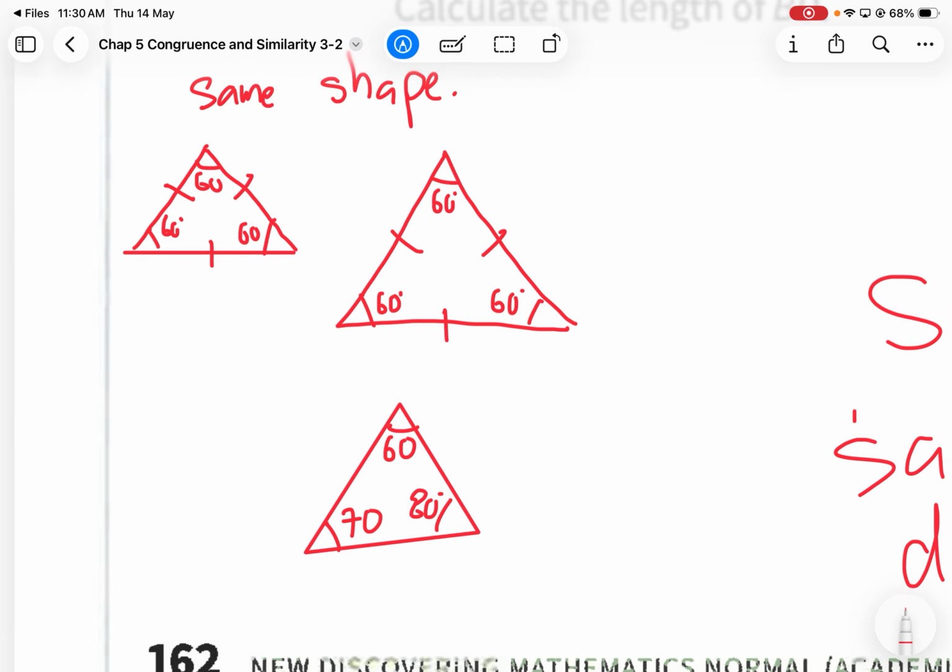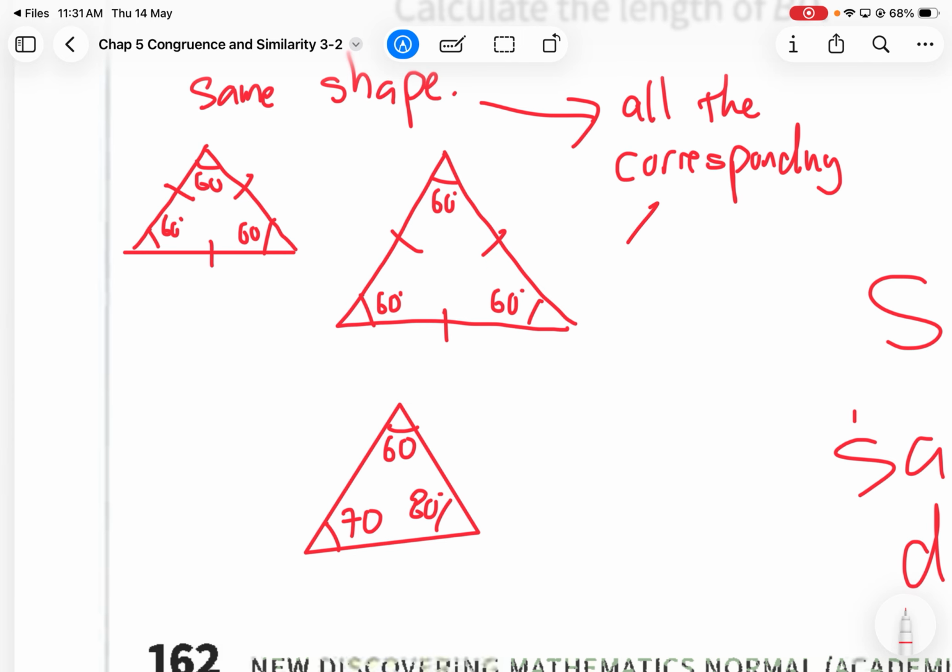Yes. So when the angles are different, they no longer have the same shape. So for triangles to have the same shape, all the corresponding angles must be the same.